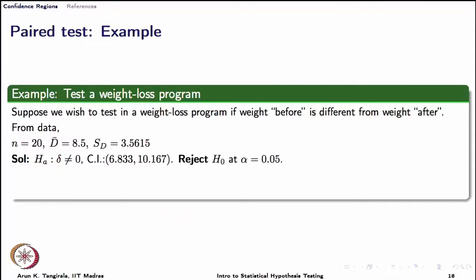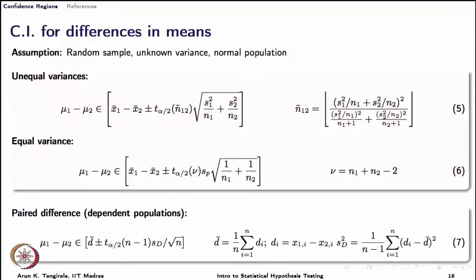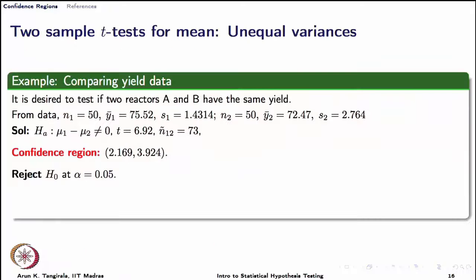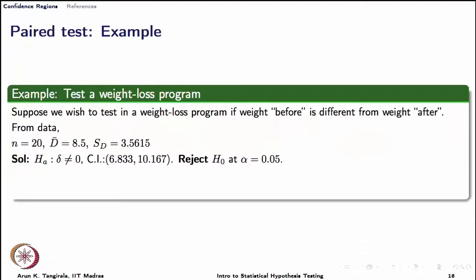Very good. So, let us quickly move on to the pair testing, where we looked at the weights in a weight loss program before and after, and here to construct the confidence region we use this expression in equation 7, provided we are looking at a two sided one.